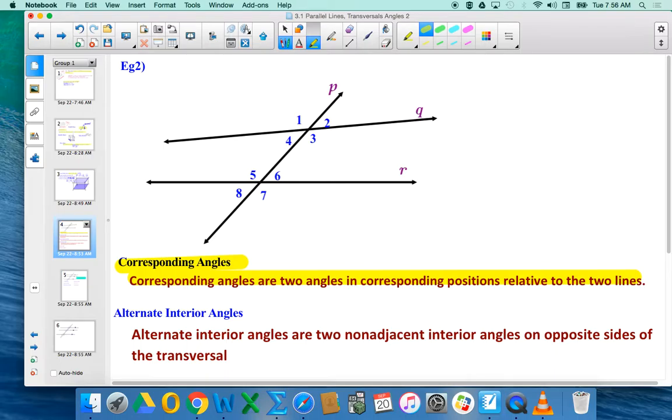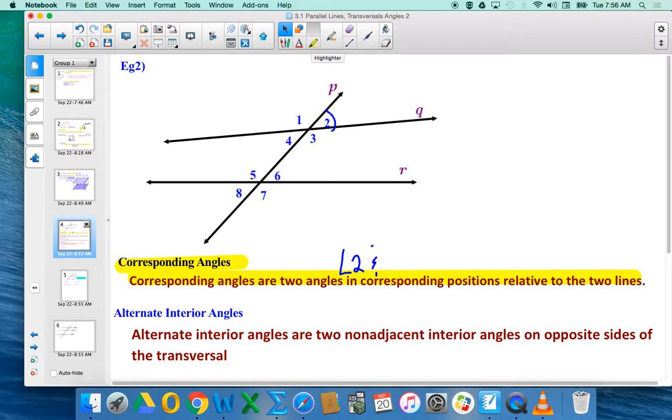Now, when we talk about corresponding positions, what does that mean? Well, for one, you're on the same side of these lines. So look at where angle 2 is.